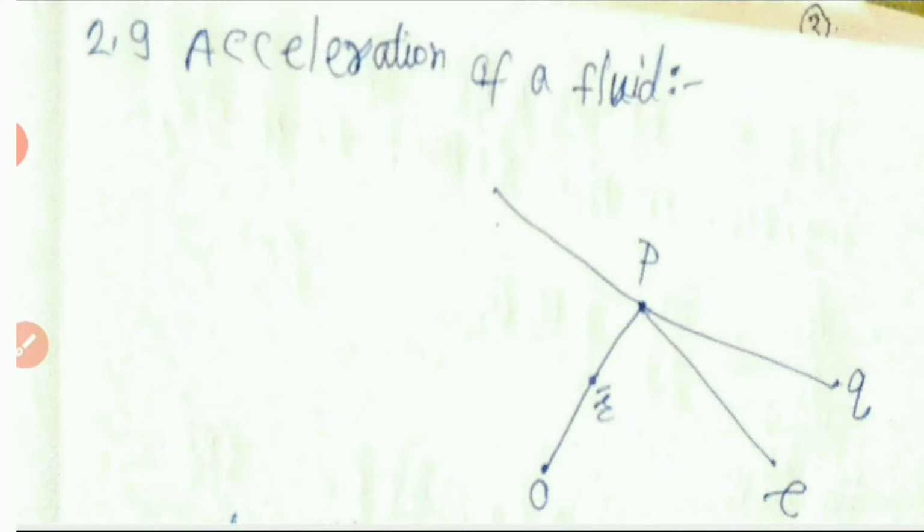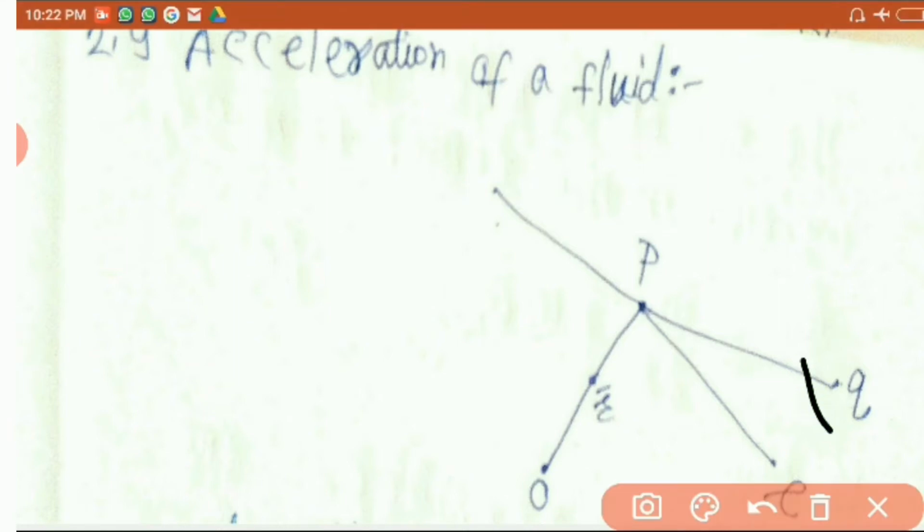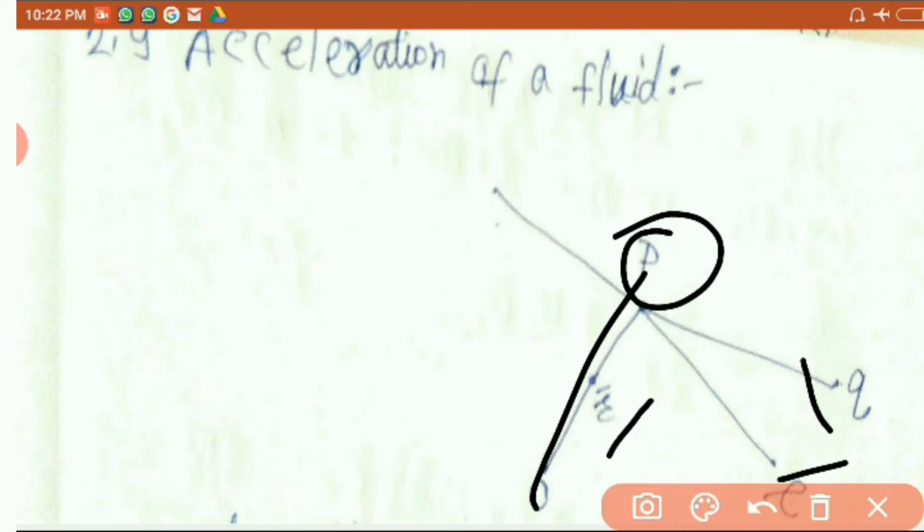So in this, acceleration of a fluid particle traveling along a curve C, at time t, its position P is specified by OP bar equal to R bar, and its velocity q is along the tangent at P to this curve C, in the direction of the particle's motion.